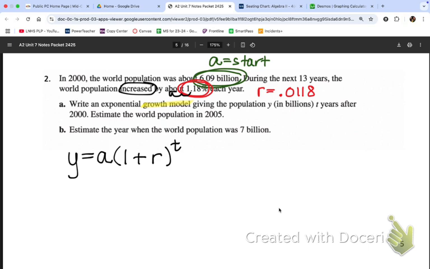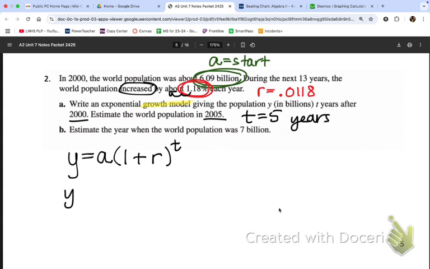The only other thing you need is time. What's our time? Years since 2000, and it's 2005, so it's been 5 years. All right, we're going to fill in what we know.